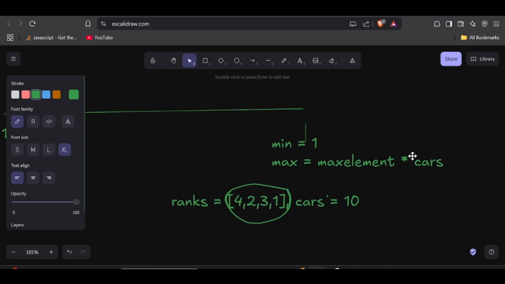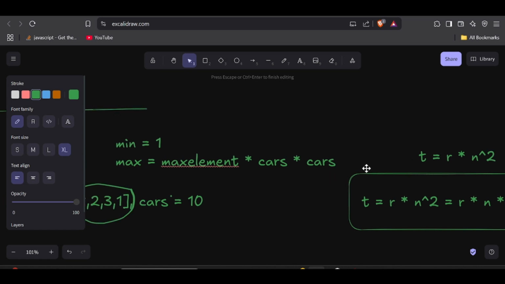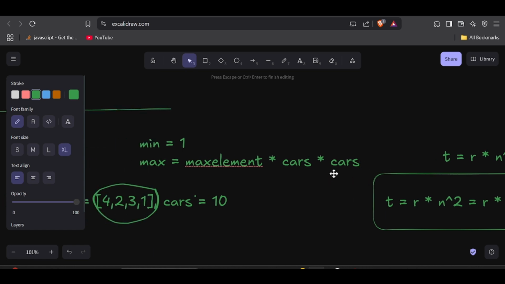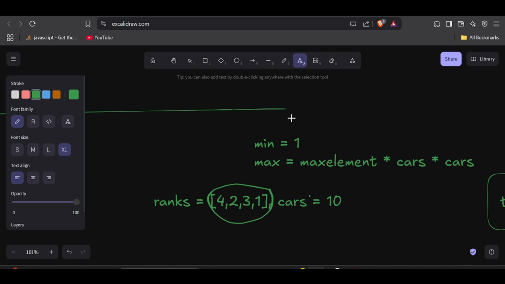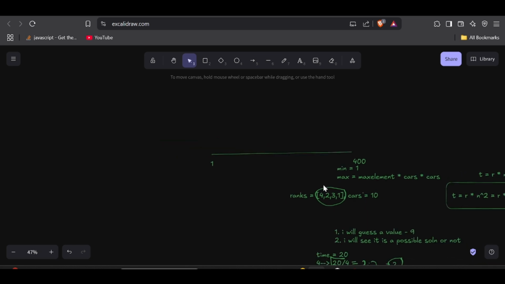And what was the number of cars? 10. Sorry, it will be cars into cars, because the maximum time taken is r into n into n. That is why we are taking cars into cars. So what will be the maximum possible answer? That is 400.